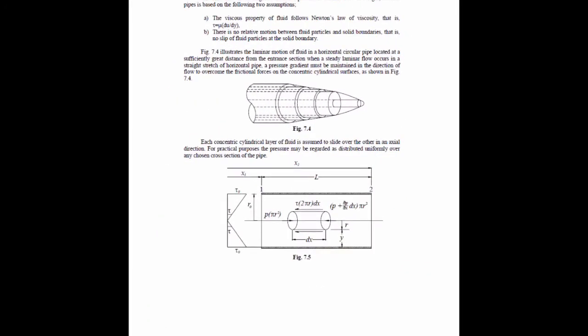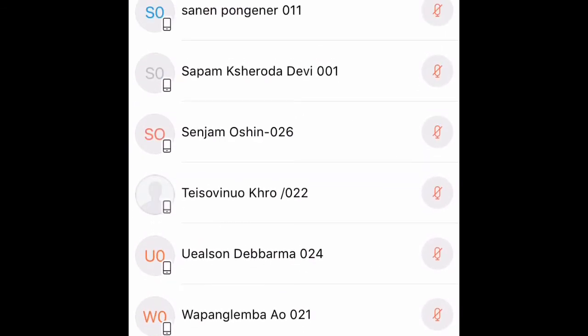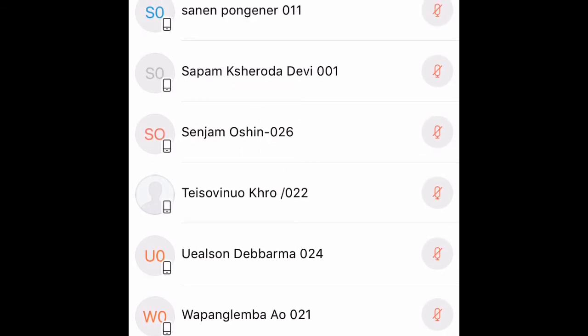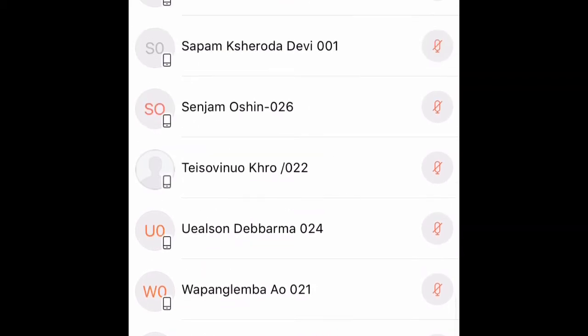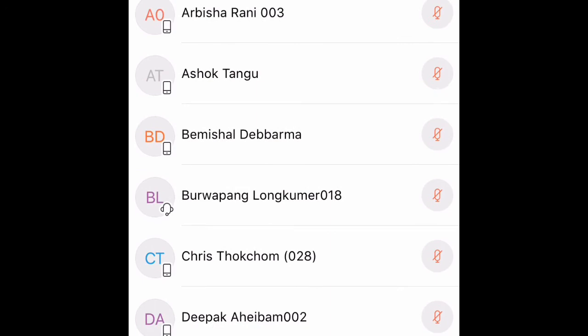That is called Hagen-Poiseuille's equation. We have to find out Hagen-Poiseuille's equation, a theory known as Hagen-Poiseuille's equation. So let's discuss laminar flow through a circular pipe.